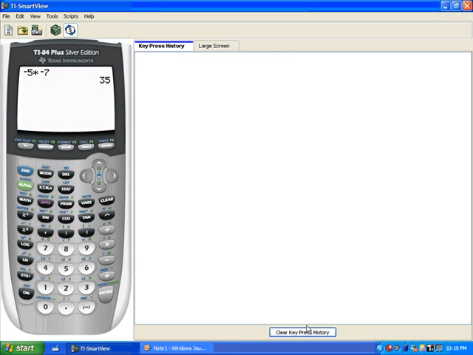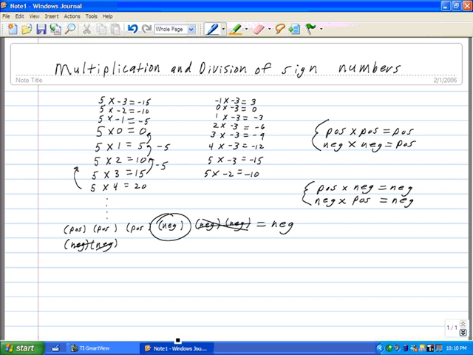I can multiply one of each. I can multiply a negative 3 times positive 2, and again we see the negative answer. So the calculator can easily verify these rules for us to show us that they are working exactly the way we think they should. And now we need to look at division.